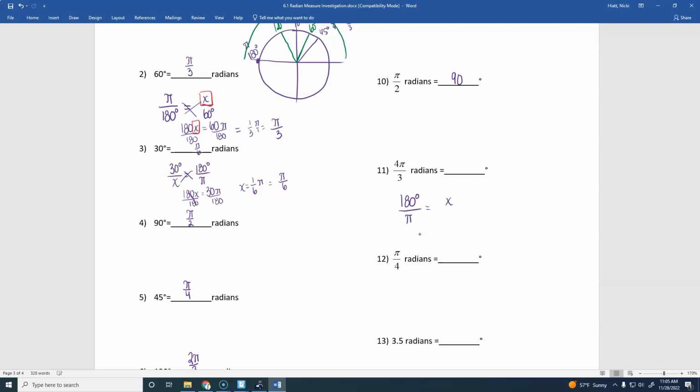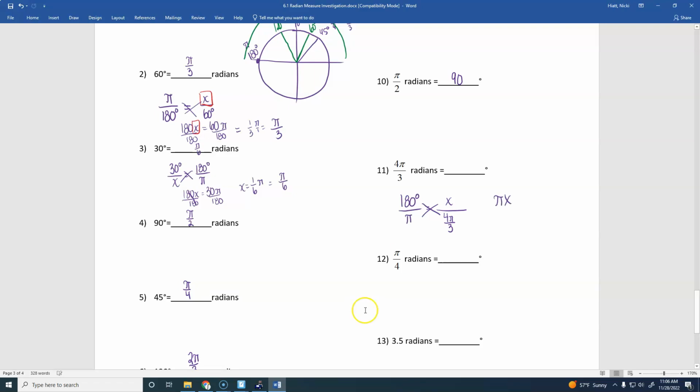We don't know degrees, so we're going to put an x. And on the bottom, we would do 4 pi over 3. So we would cross multiply here, and we'll get pi times x.